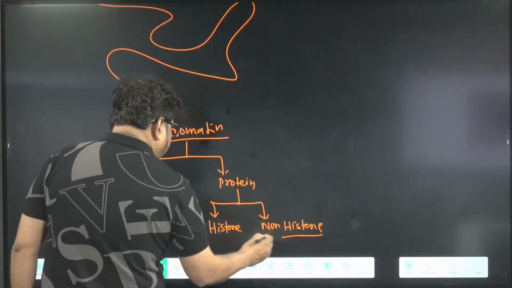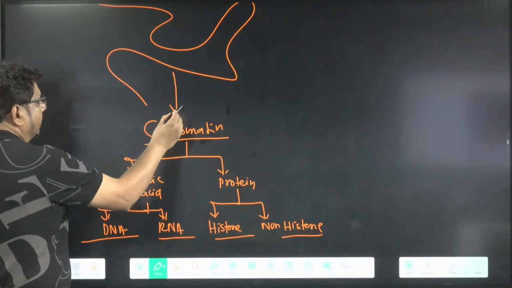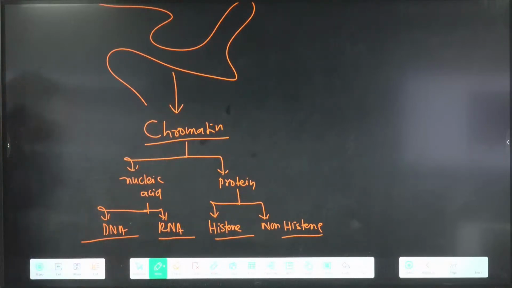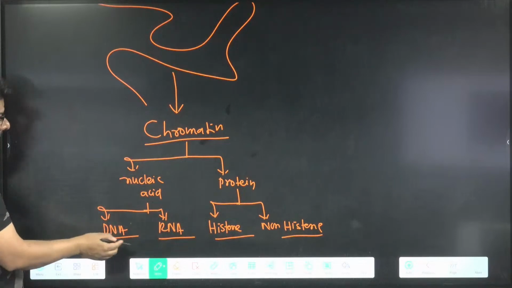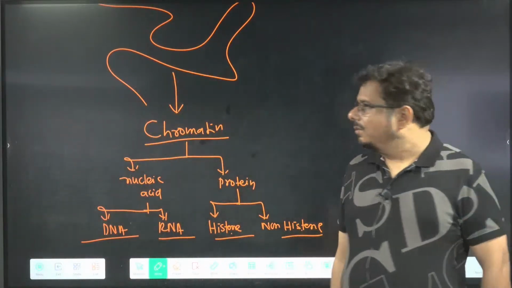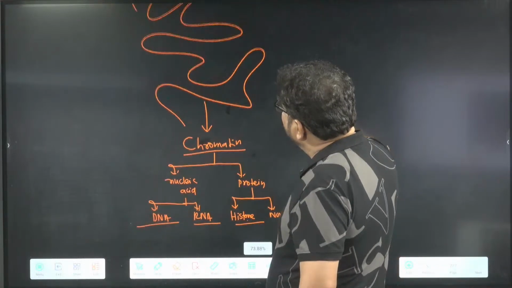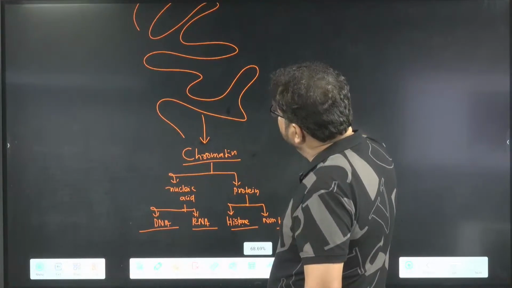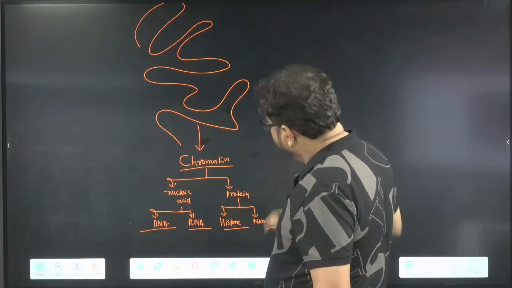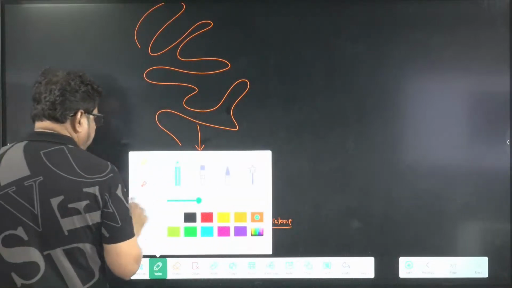So if someone asks you the composition of chromatin, what will you say? What is present in chromatin? DNA, RNA, histone protein and non-histone protein. These all together join and form chromatin. How it forms, I will tell you in the molecular basis in second year. But you got the idea? Chromatin is made up of how many chemical components?